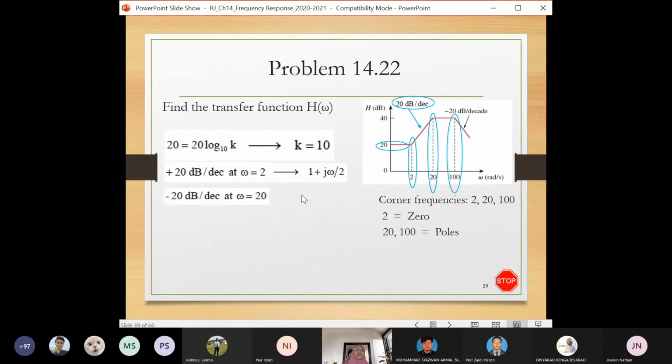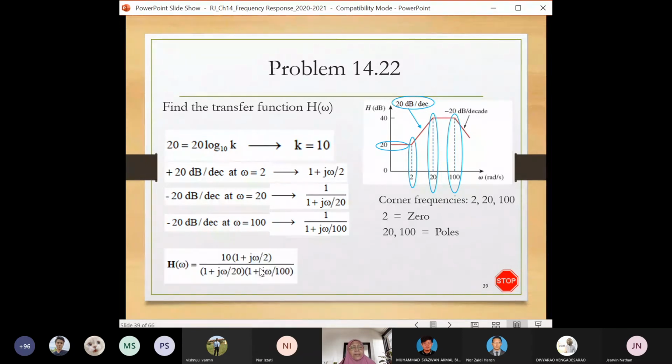For the cutoff at 20, you have negative 20 dB per decade. That part gives you 1 plus j omega over 20. And the last corner, negative 20 dB per decade at omega over 100, gives you an expression of 1 over 1 plus j omega over 100.